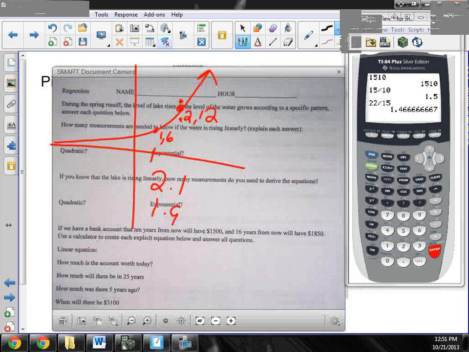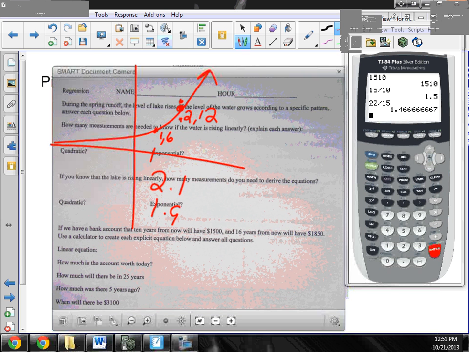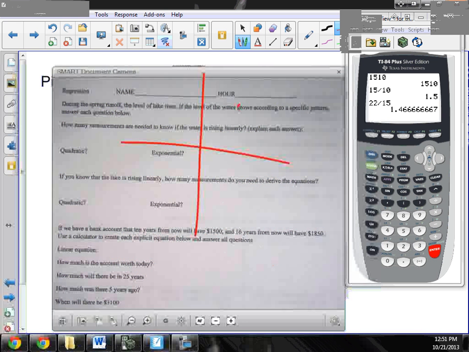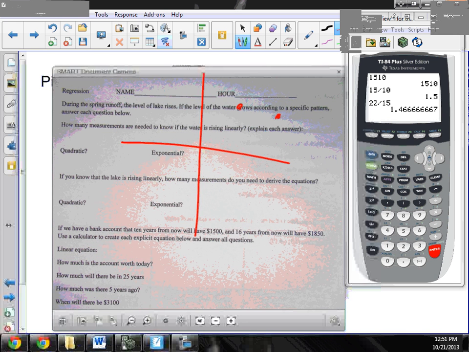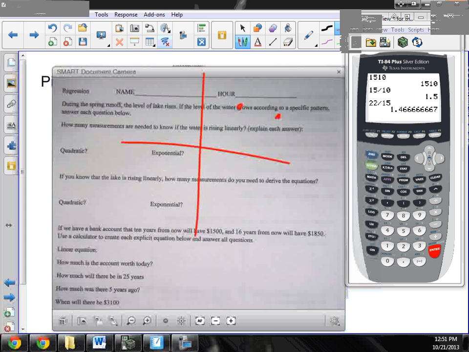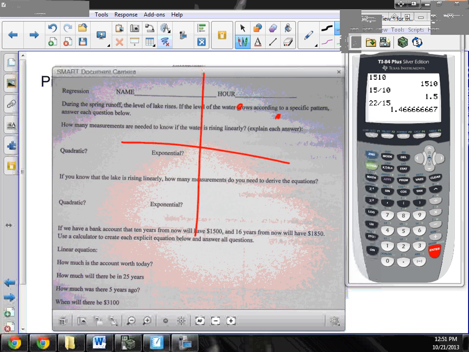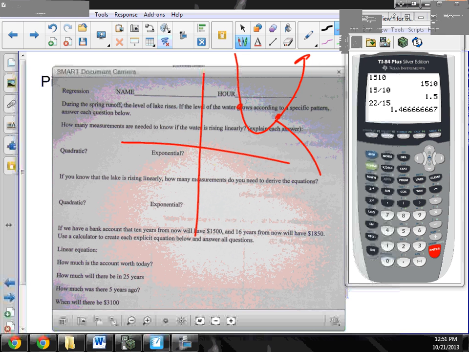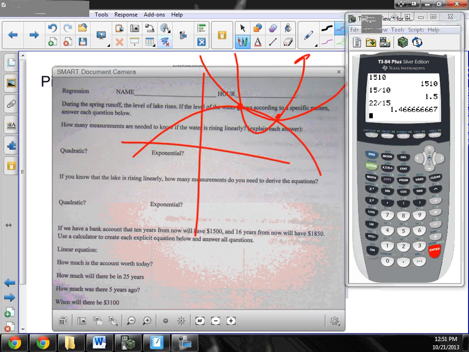All right, quadratic. So if I have 1 point, that's obviously not enough. If I have 2 points, how many parabolas are there that go through those 2 points? Well, I could do a parabola that looks like this. I could do a parabola that looks like that. I could do one that looks like this.